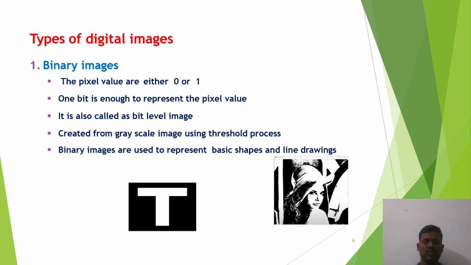So there are only two intensities, the foreground is white and the background is 0, and that reflects as the alphabet T. Another image, of a lady, is also shown here, which is one of the examples of a grayscale image.